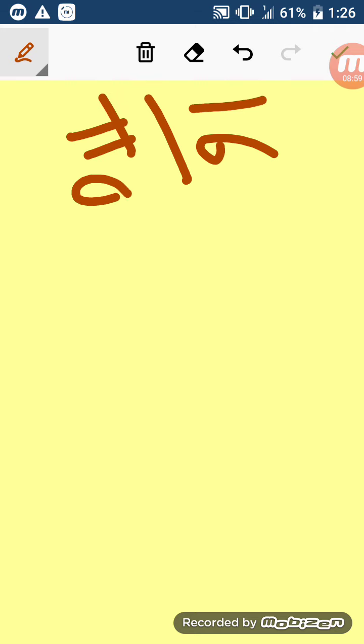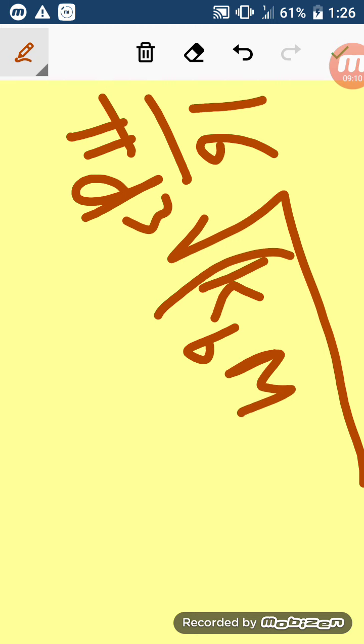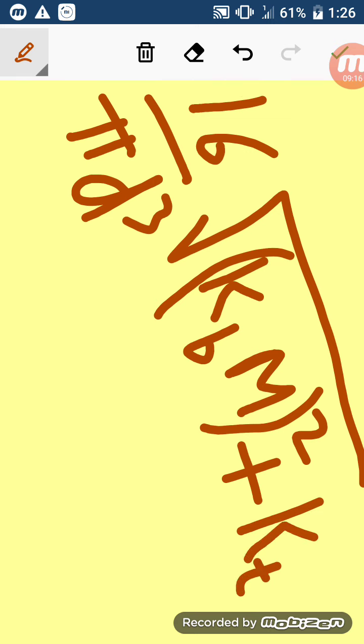My equation should be 16 upon pi d cube, right, times the square root of Kb times M, whole square, plus Kt times T, whole square.